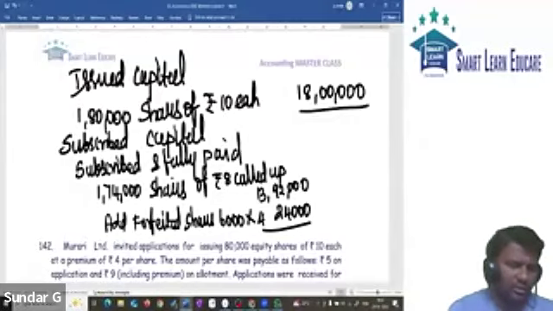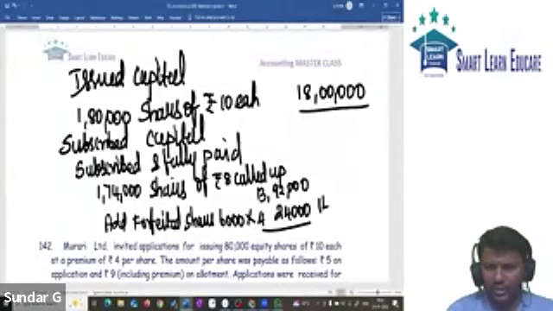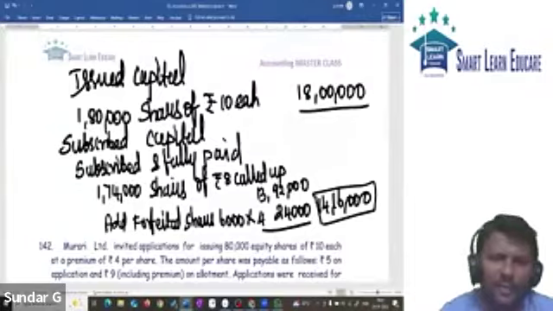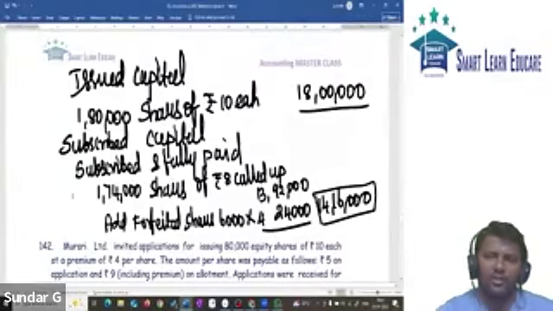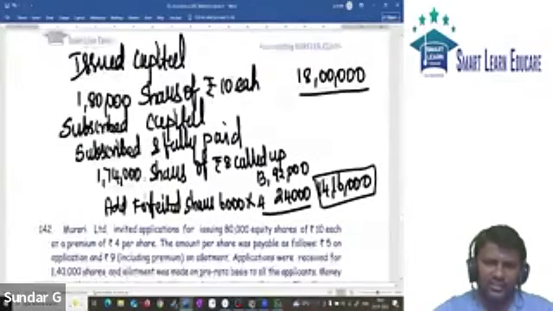So what is the total? 13,92,000 plus 24,000 will give you 14 lakhs and 16,000. This will come in the outer column. Okay, so this is the answer for this question. This is a balance sheet type of question. Just 14 lakhs and 16,000. That's it.